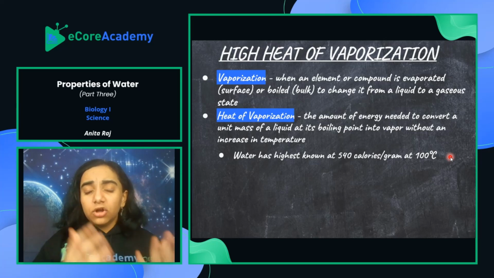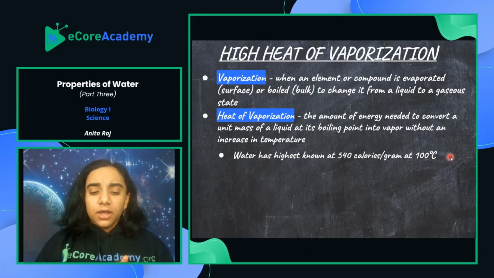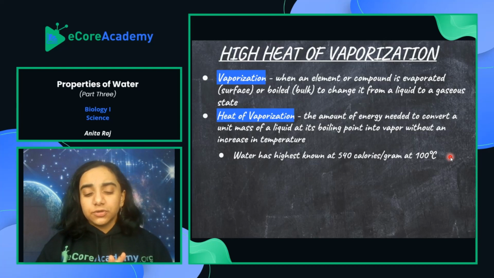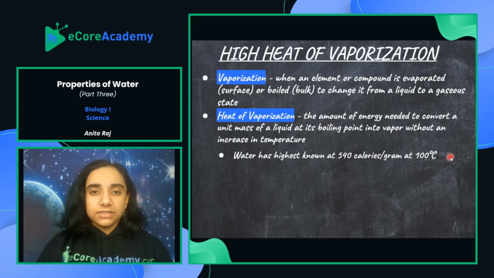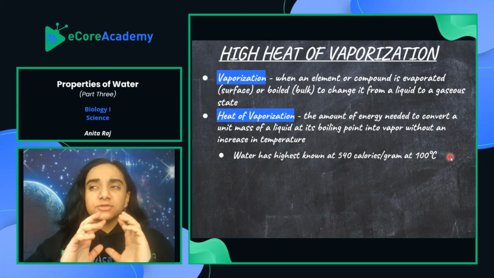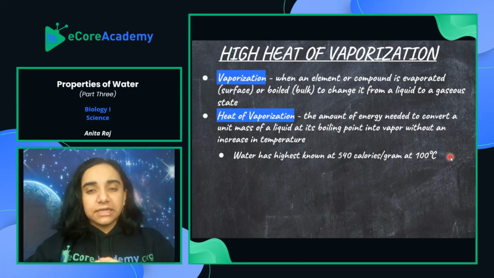And it also works on the flip side. If you're cooling a liquid into a solid, like liquid water into ice, it's also resistant to temperature change. When you're trying to make it colder, the hydrogen bonds realize that the environment is getting colder.